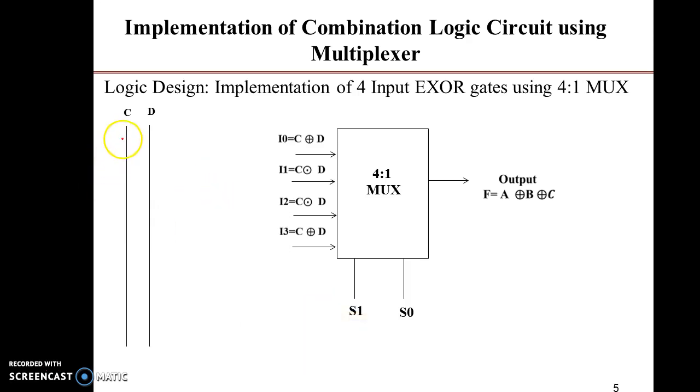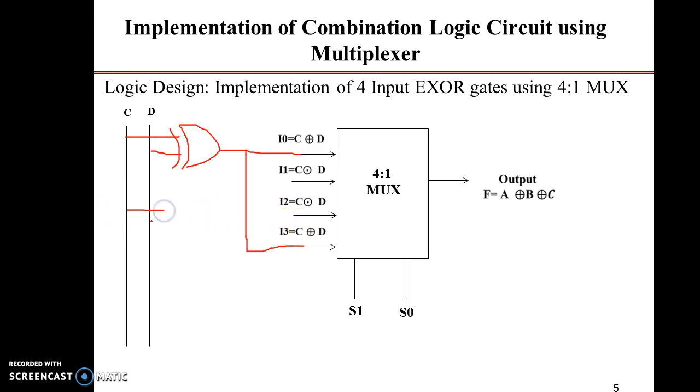I can draw the logic diagram corresponding to D. I can put one XOR gate, and the output of this XOR gate will be connected to the I0 data input pin. Similarly, the I3 data input pin is also connected to this XOR gate.